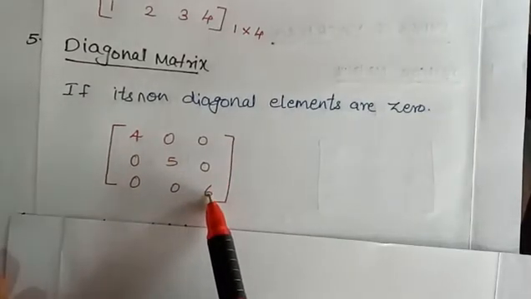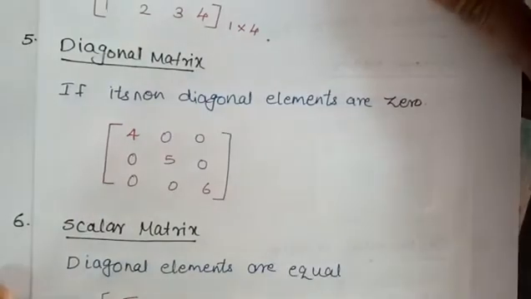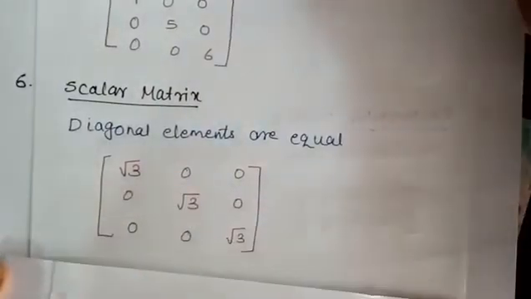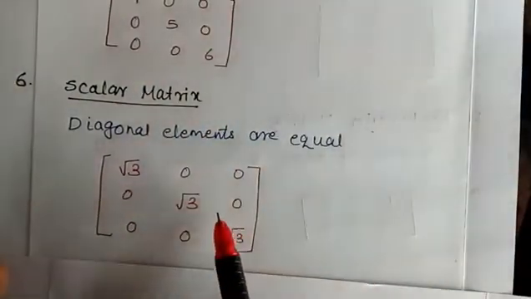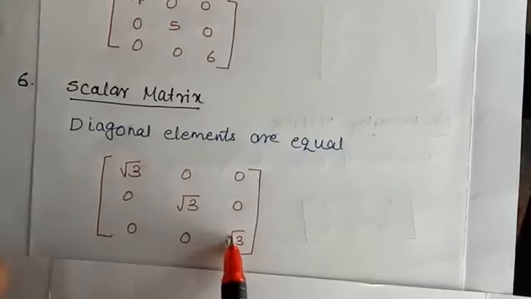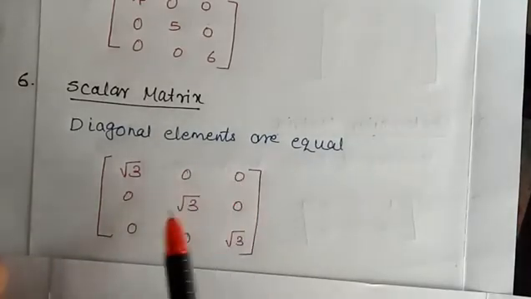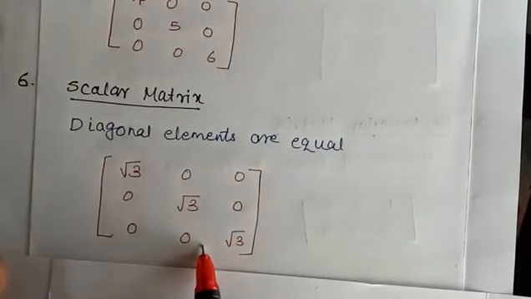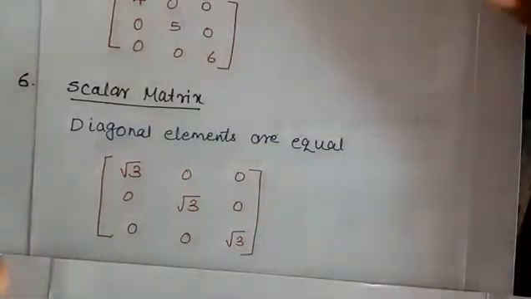It is called a diagonal matrix. I hope you understand. Then the next one is the scalar matrix. Scalar matrix means the diagonal elements are the same and the other elements are 0, and that one is called a scalar matrix.